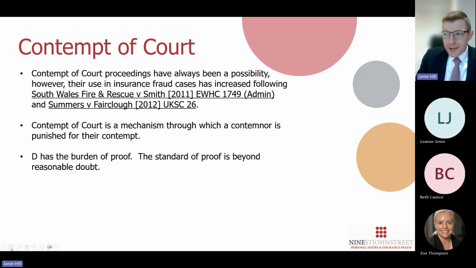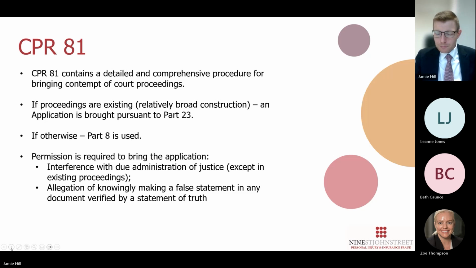Contempt of court is a mechanism through which someone is punished for their contempt of court. So you bring the contemnor's behaviour to the court's attention, and the court then essentially punishes them for it. Again, the defendant has the burden of proof, but the standard of proof here is beyond reasonable doubt. So it's the criminal standard, not the civil standard.